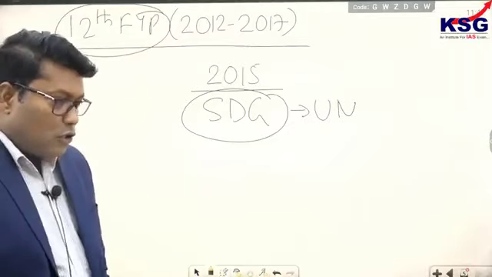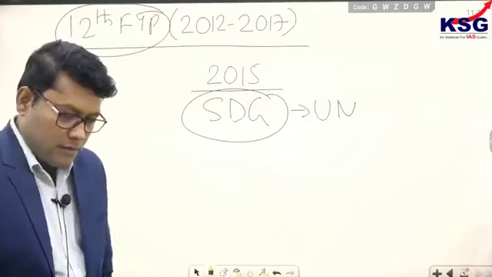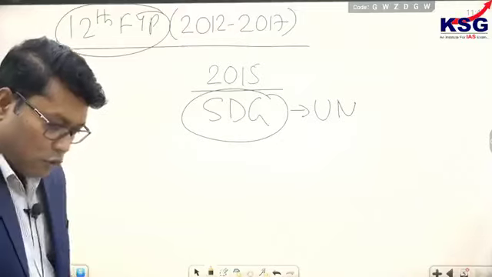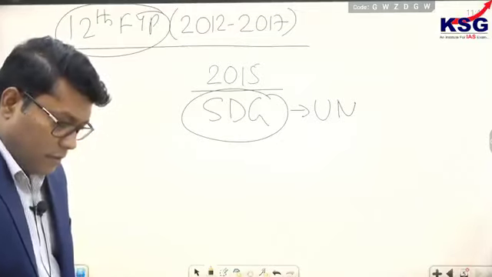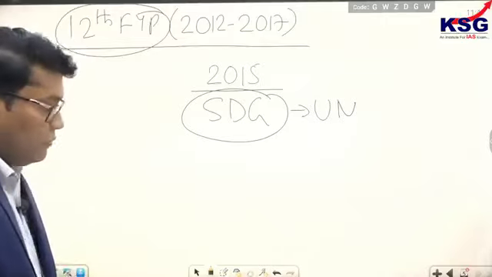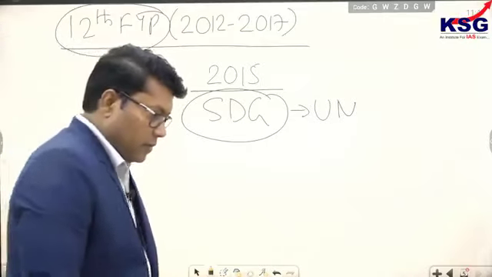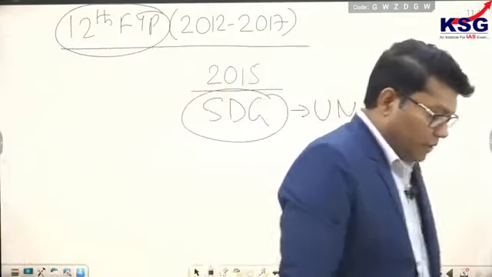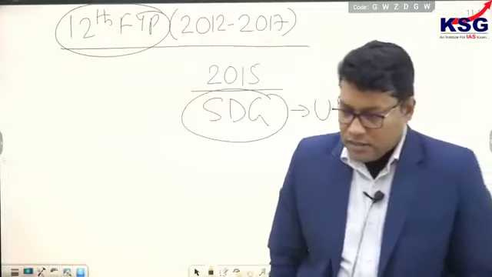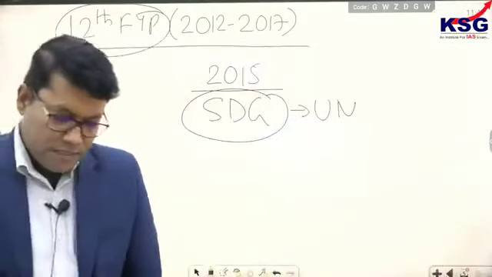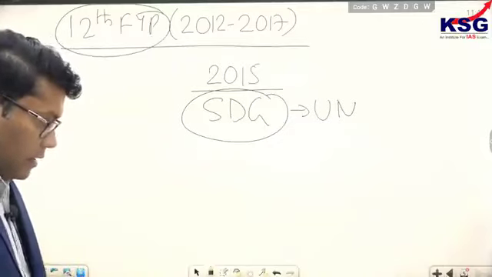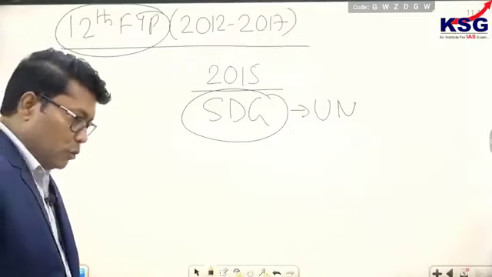The broad vision of the 12th five-year plan was, write in inverted commas, faster, sustainable, and more inclusive growth.